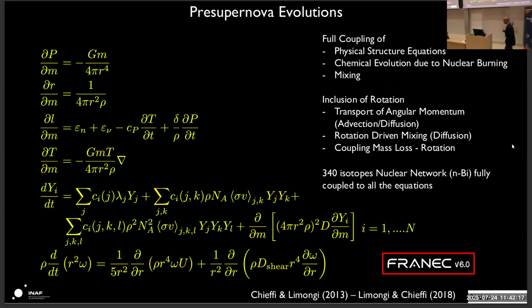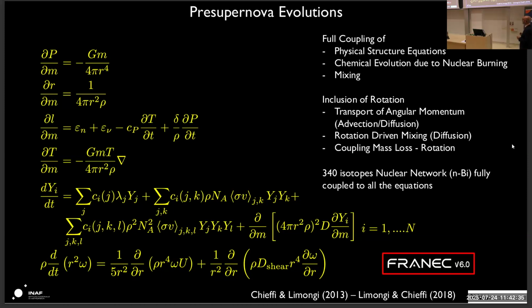So in the following I will present an overview of the evolution of these stars as a function of metallicity, mass, and rotation. And then in the second part of the talk, I will address some uncertainties affecting the stellar models.